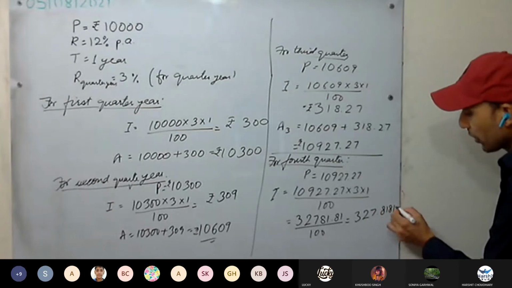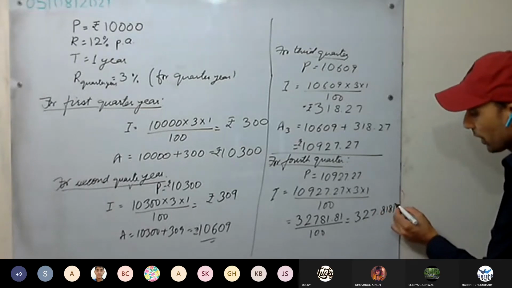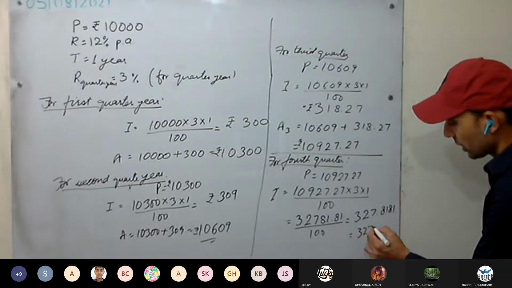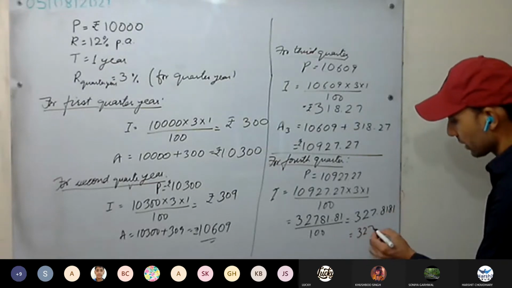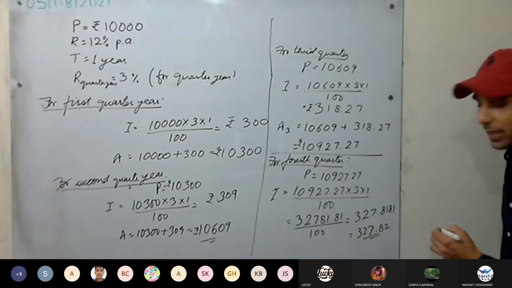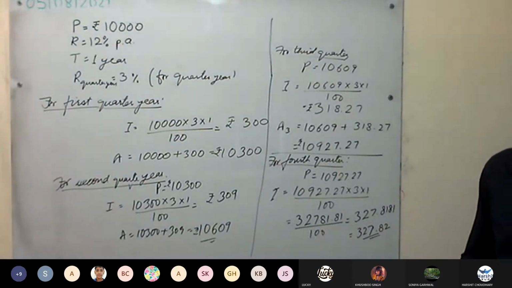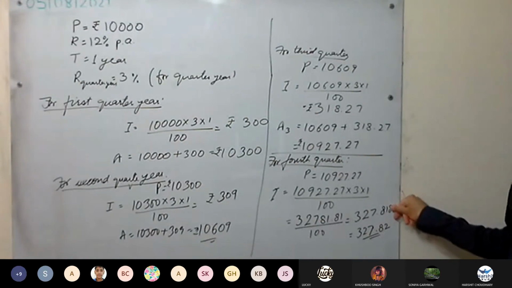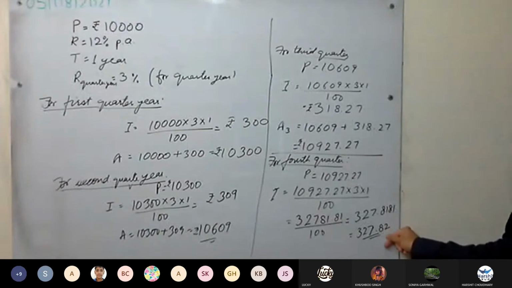327.8181. Okay, this we can round off. The digit 1 is less than 5, and 8 is greater than 5, so it will be 327.82. Either you write it like this, or just 327. In the examination, if you write 0.81, it will be considered correct. If you round it off to 82, it will be correct as well.